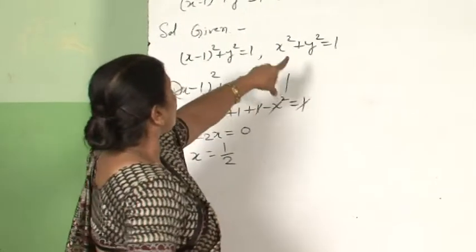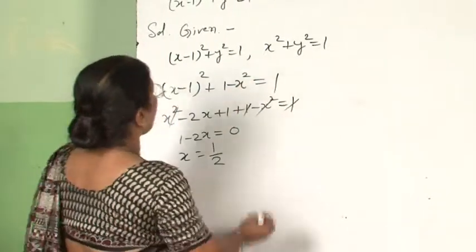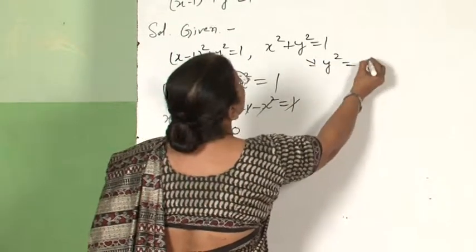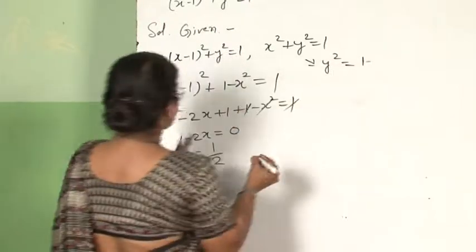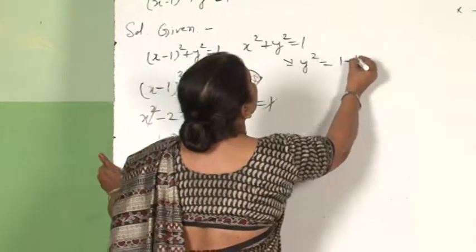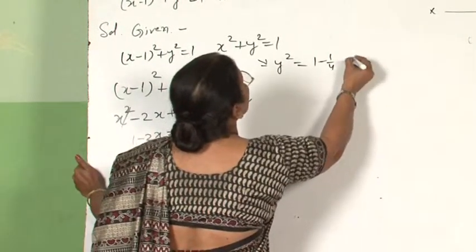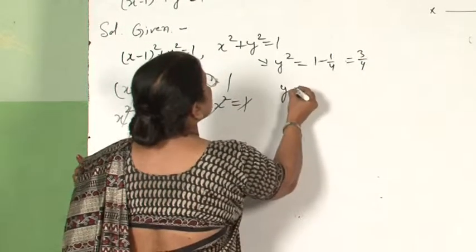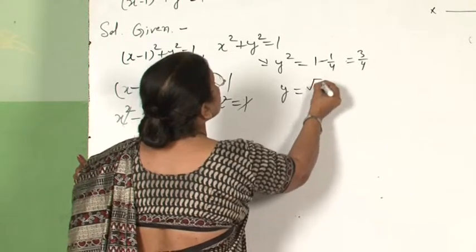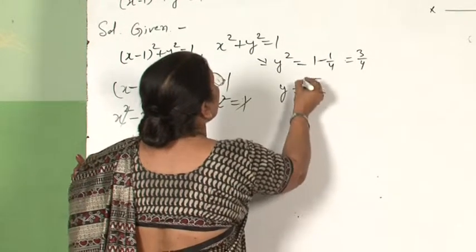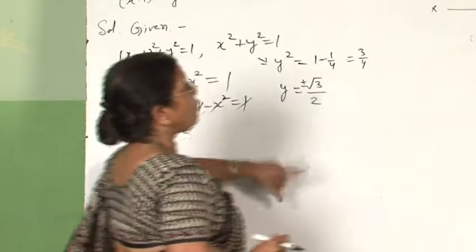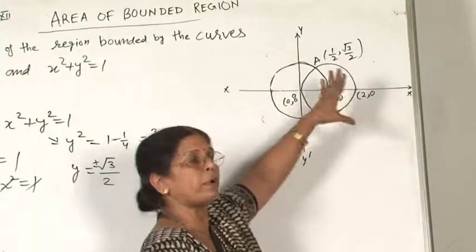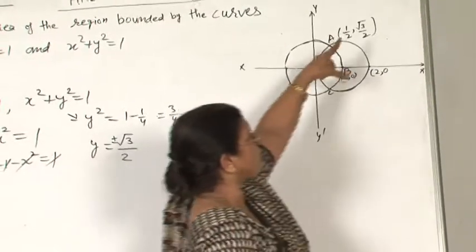Now, we will put the value of x and find the value of y. So, y square is equal to 1 minus x square, and 1 minus x square means 1 minus 1 by 4. So, that is 3 by 4, and square root of this, that is value of y, is root 3 by 2. Here plus minus, but we want coordinates of A, and that point is in the first quadrant. So, we will take root 3 by 2.